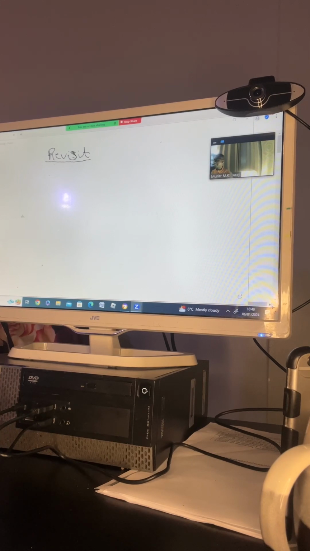Let's say you have x squared minus 5x plus 6 equals 0. And now we want to factorize this equation using the vertex form.